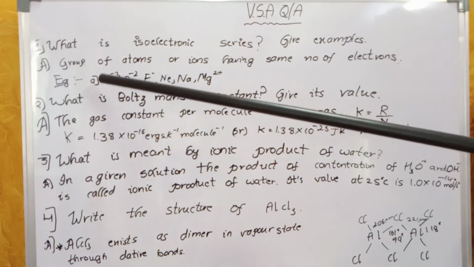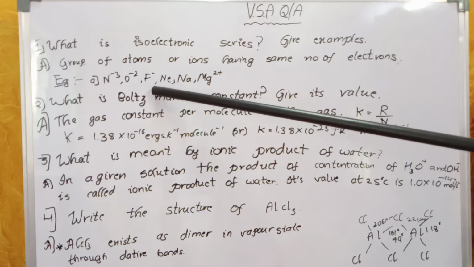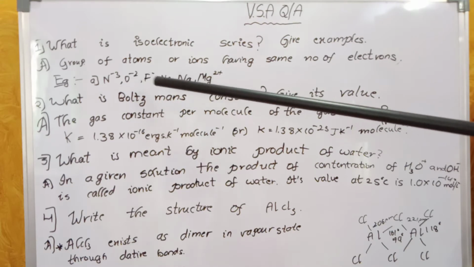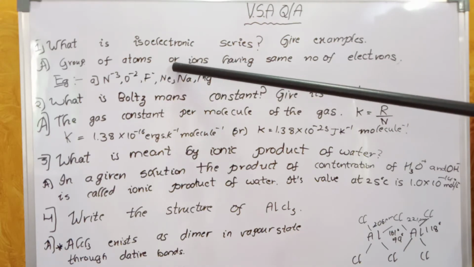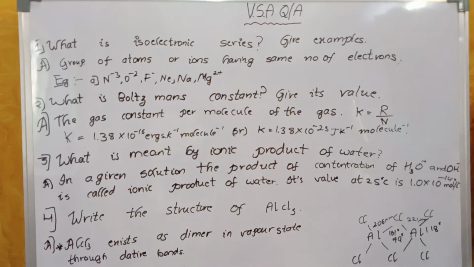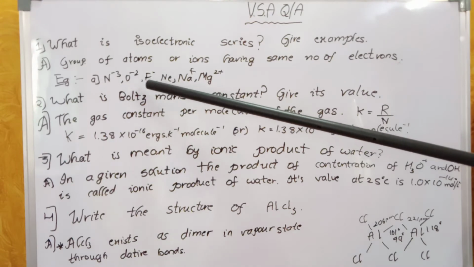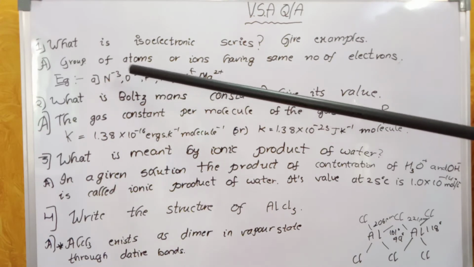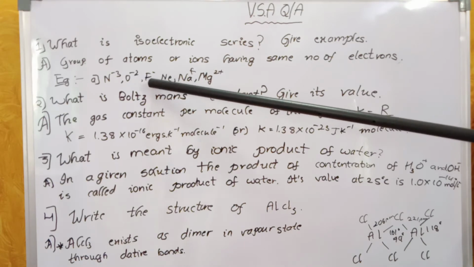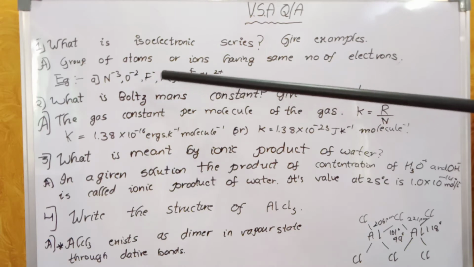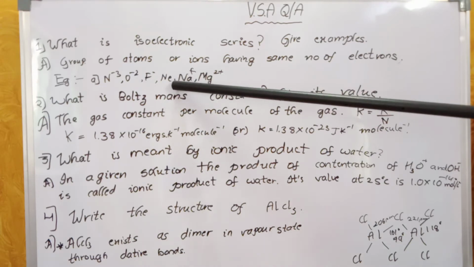So all these three, N minus 3, O minus 2, F minus, have 10 electrons each, which is equal to the configuration of neon. Neon atomic number is 10, which consists of 10 electrons.